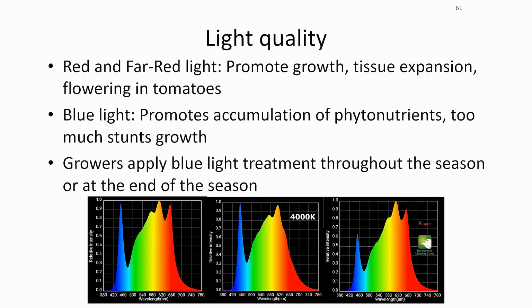Now, the problem is, if you use only blue lights to grow, the plants are going to grow shorter. It's not going to expand. It's going to be a stubby little plant, but it's going to be packed with nutrients. So what growers do is that sometimes they will put ultraviolet lamps mixed in with the regular lights, or they will have a room full of ultraviolet lamps where, let's say, you're growing microgreens, and the crop cycle for microgreens is 18 days.